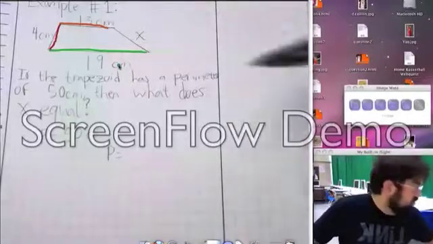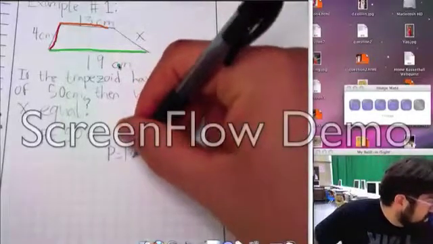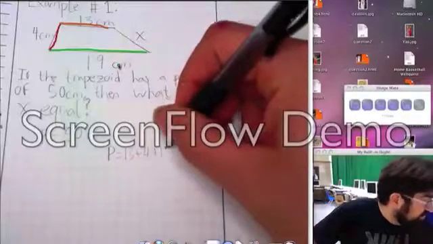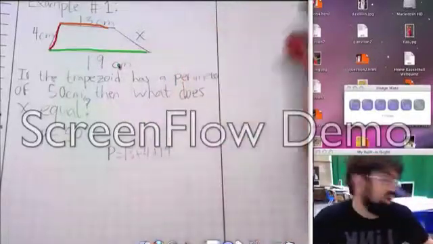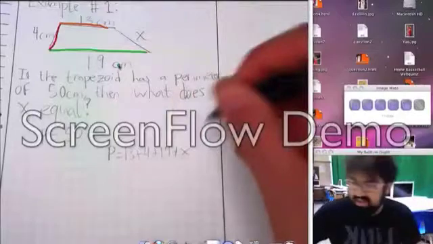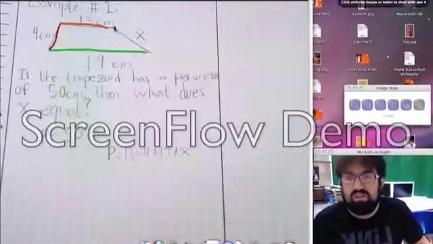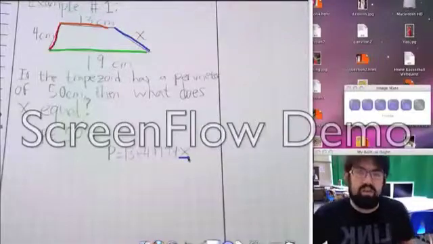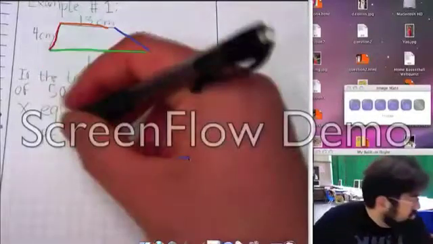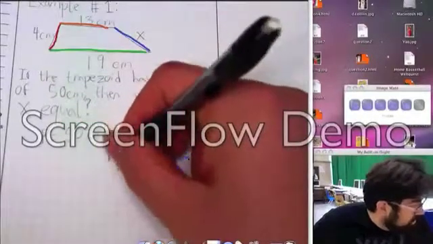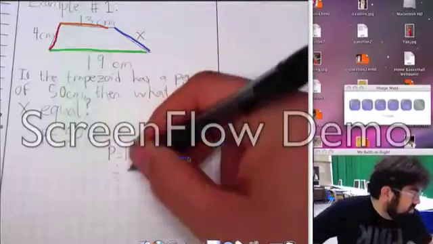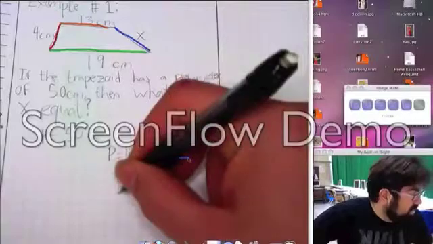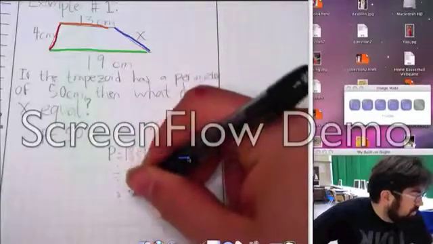We know those sides, so let's just write those down: 13 plus 4 plus 19. But those are only three sides. Our fourth side has got to be x. So we're putting x right there, and we're solving for that guy. Let's combine the like terms: 17 plus 19 plus x, and that's 38 plus x.